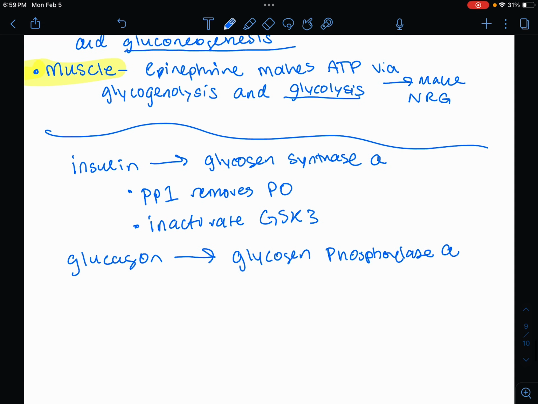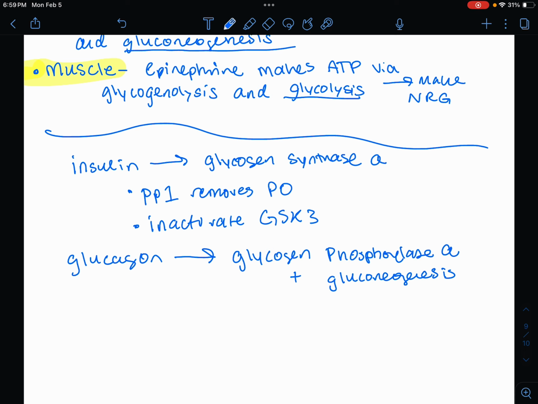It's also going to activate gluconeogenesis. Glycogen breakdown happens before gluconeogenesis, just a side note. We're going to, however, block glycolysis. We need to make more glucose in this step here.